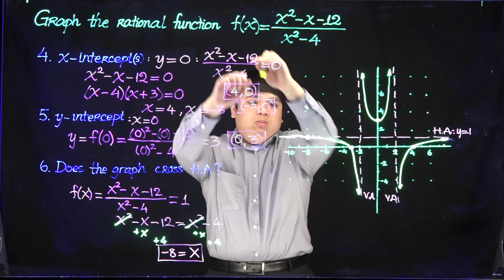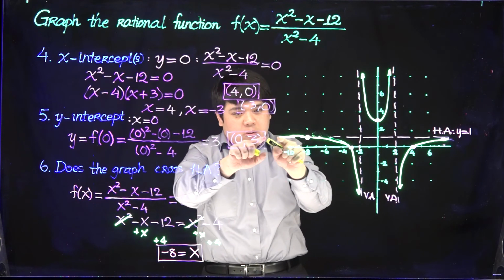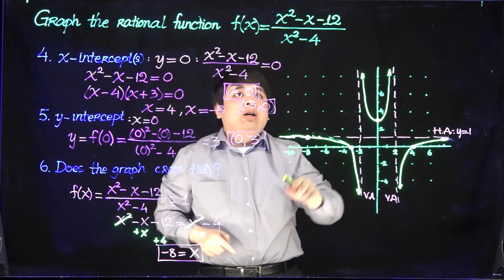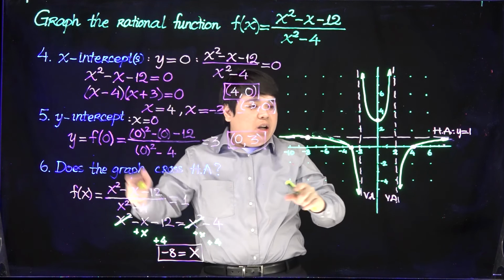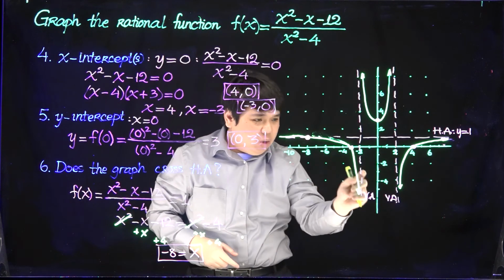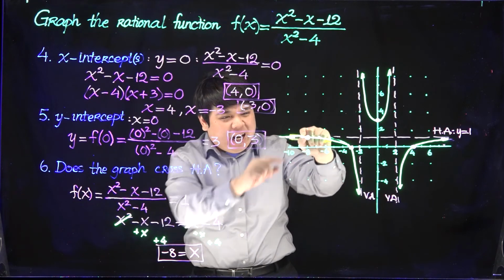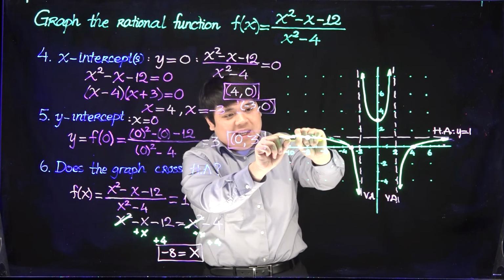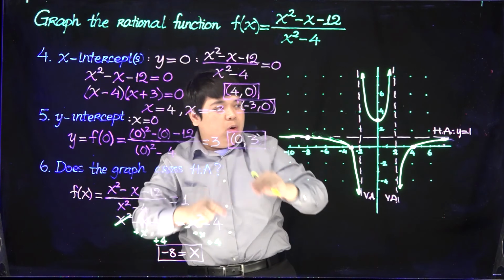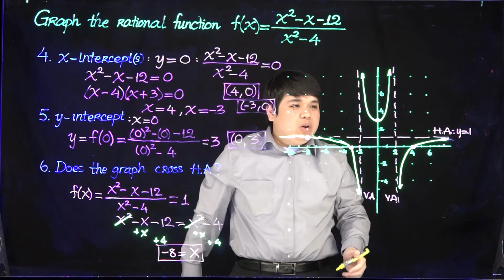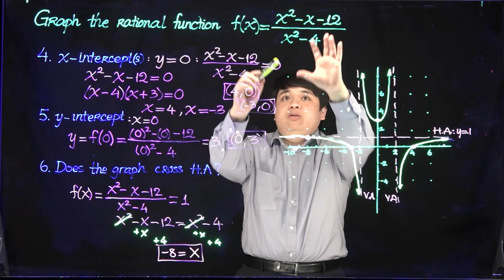So the graph will not go to infinity. It can only go closer to 1 because the horizontal asymptote we found earlier is 1. So it will go past that point, get a little bit above the horizontal asymptote, then get back down and approach the horizontal asymptote. So that's what the graph of this function looks like.